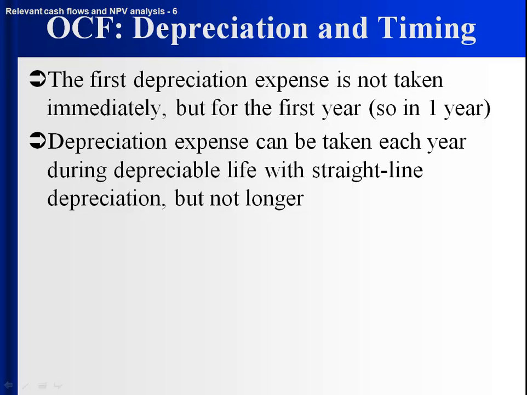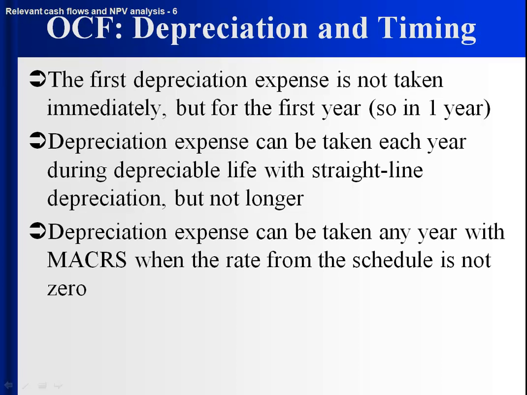There's nothing wrong with having an asset be part of a project, existing and operating after all the depreciation expense has been taken. In fact, that's the accountant's goal, because they want to take as much depreciation as early as possible. With MACRS, it's just from the schedule. So if you're using a 3-year schedule, as you'll see in an example, you'll have depreciation for the first 4 years, but nothing after that.